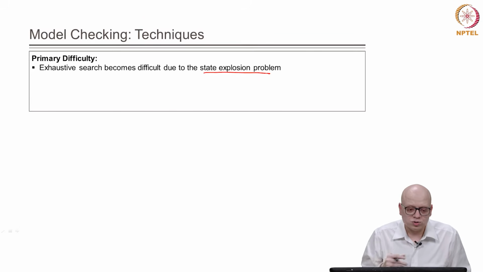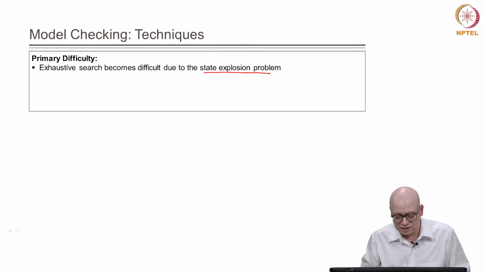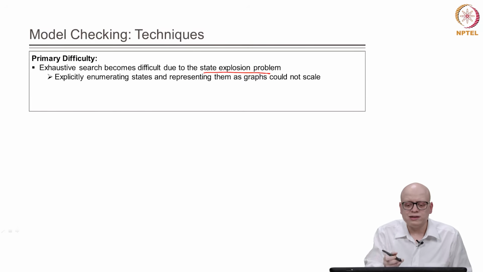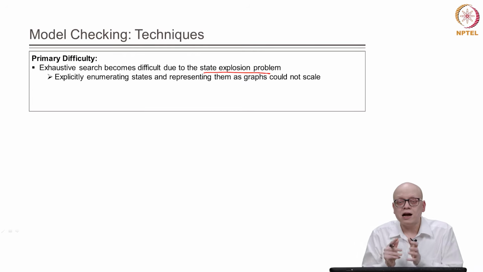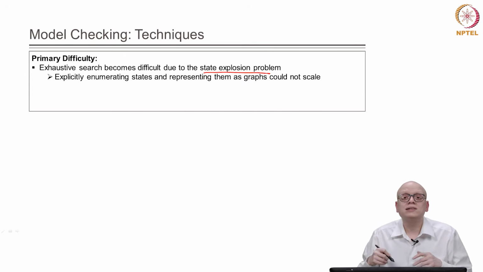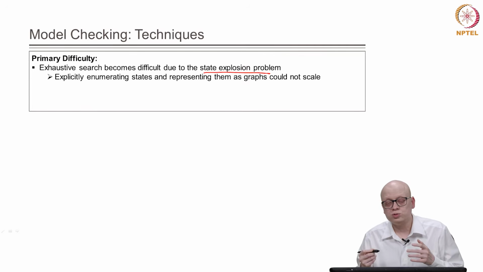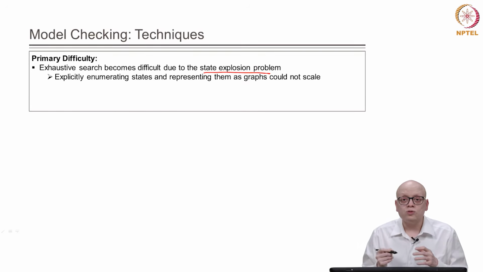So, this was the earlier approach. Of course, this approach of enumerating states, representing them in a graph and then verifying did not work; it was not scalable to the level that it could be useful for VLSI design applications.